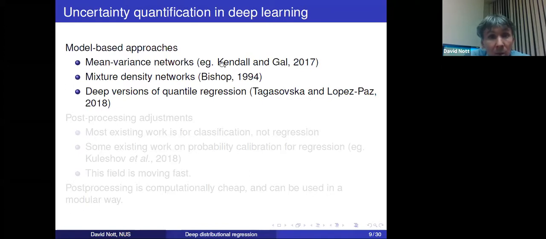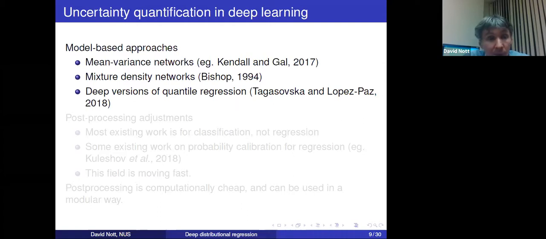So you can use a Gaussian distribution for the response. There are things like mixture density networks. There, the response distributions are a mixture with normal components usually. And you can model the mean and the variance in the mixture components through neural networks, and the mixing weights as well. There are also deep versions of quantile regression.